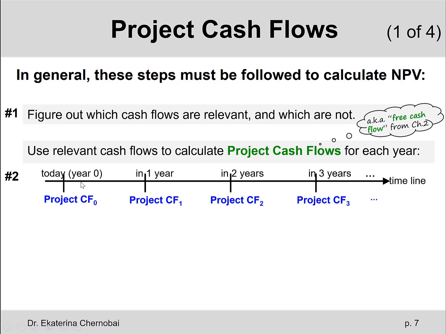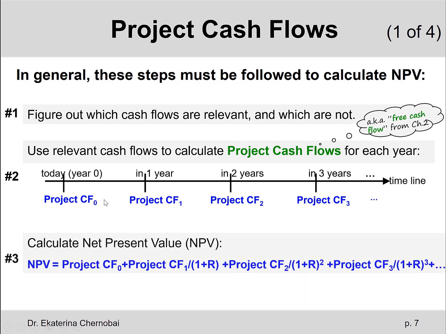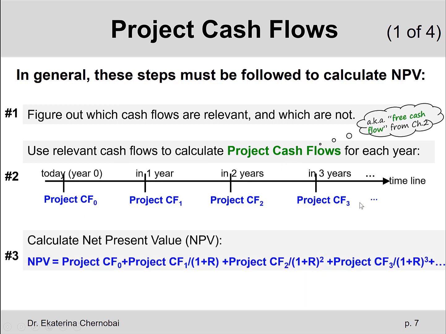Okay, so in other words, 1 year at a time, starting year 0, all the way through the final year of our project, you need to put together all relevant cash flows for that year and sum them up as the project cash flow for that year. Once you're done with that part, and that's what this entire chapter is all about.